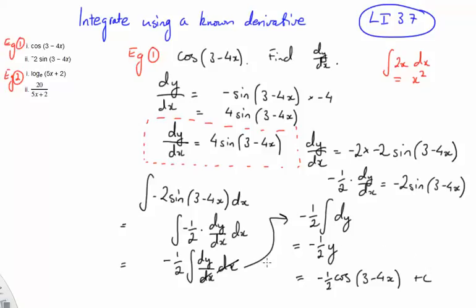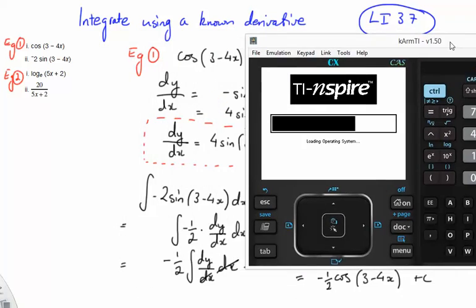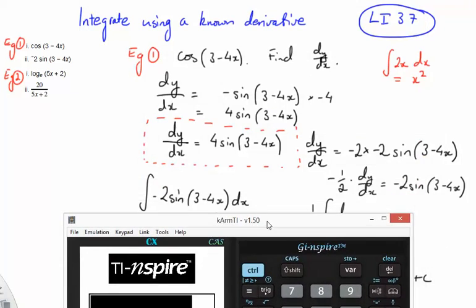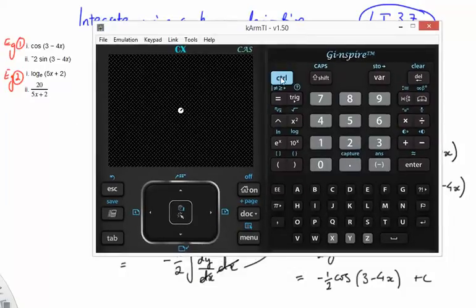How can we check that? Let's go over to CAS and check our answer. Oh yeah, we've got it there. We want to integrate that and see if we get that answer.